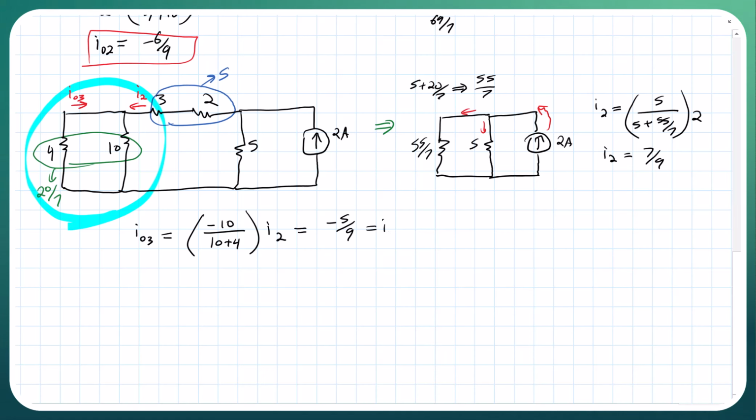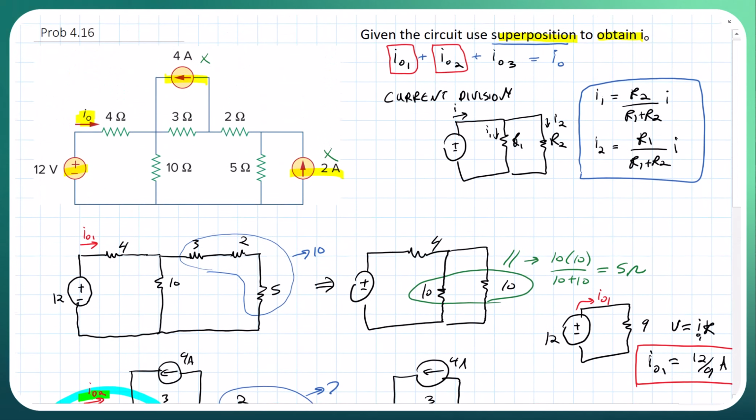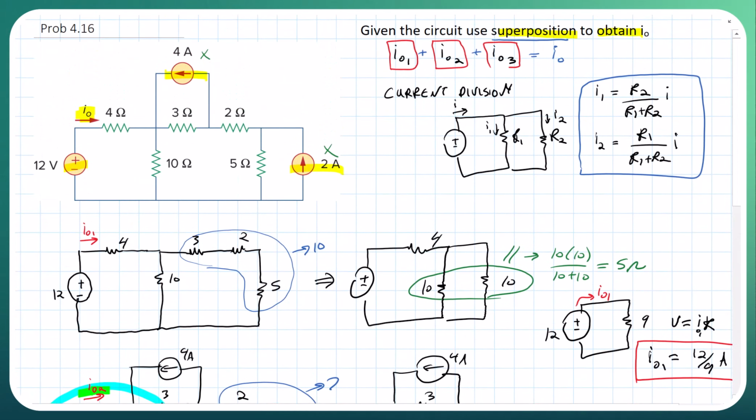So IO3 is minus 5 over 9. So now we have solved for IO3 as well.